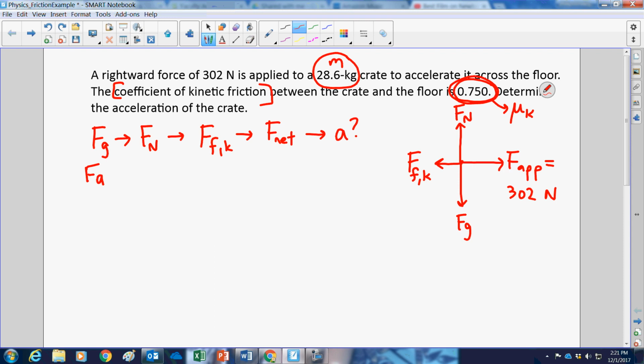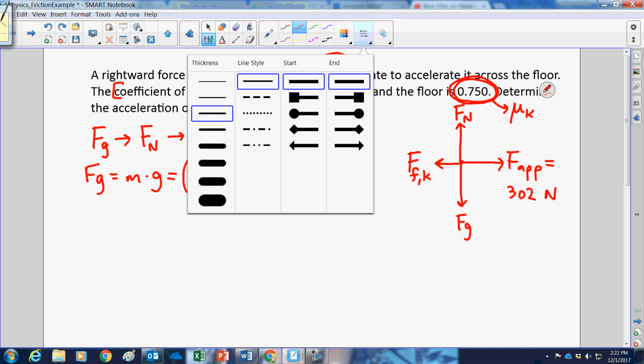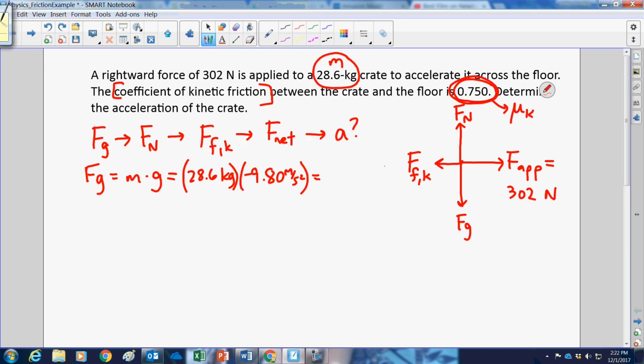So Fg is mass times g on our planet. So we're going to use our 28.6 kilograms times negative 9.8. And why don't you get your calculator out and kind of follow along with me here. Okay, so if you do 28.6 times negative 9.8, we get negative 280.